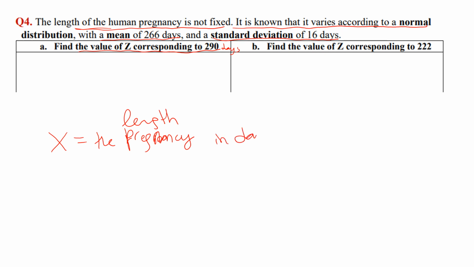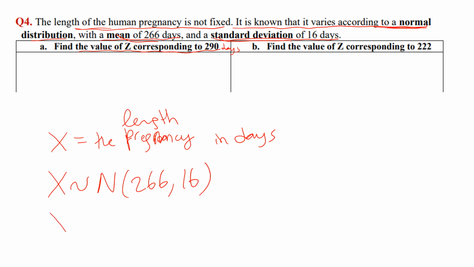Now, it is said that the length of the pregnancy varies according to a normal distribution. So X has a normal distribution with mean 266 days and a deviation of 16 days. Now, it says find the value of z corresponding to 290 days.